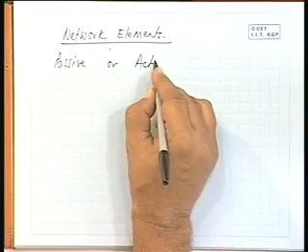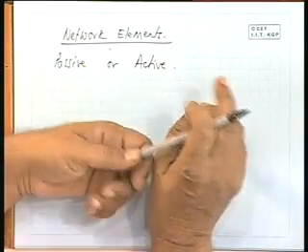What are passive elements? What do you mean by passive elements? Elements which are not dependent on any energy source, like a resistance, capacitance, inductance or transformers. These are passive elements, okay.